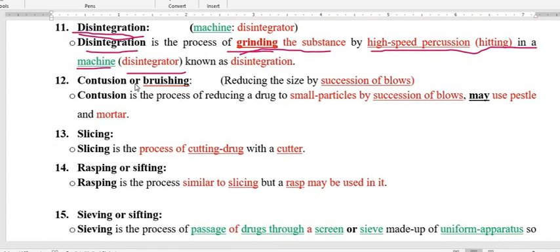Now we have another size reduction process, contusion and bruising.